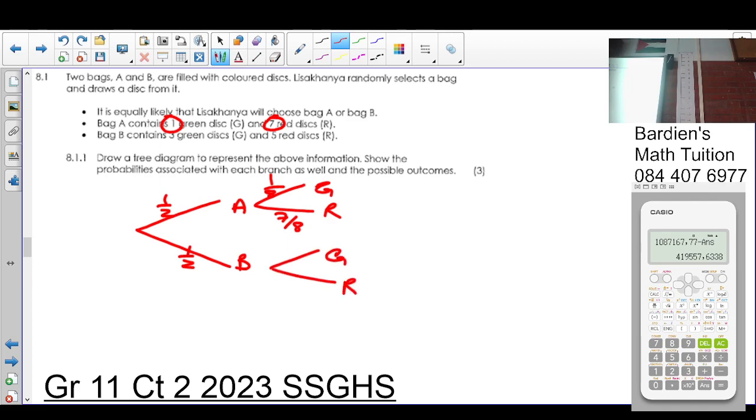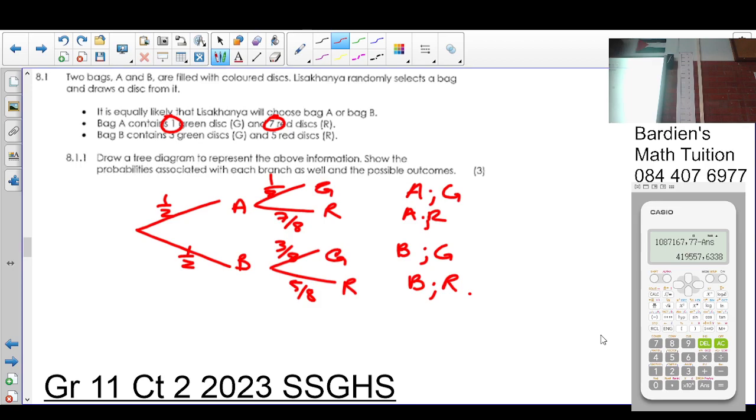Bag B contains, how many is that? 3 out of 8 green, and the red is 5 out of 8. So what are my outcomes? Bag A green, bag A red, bag B green, bag B red.